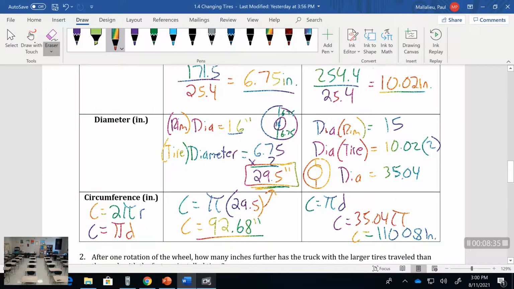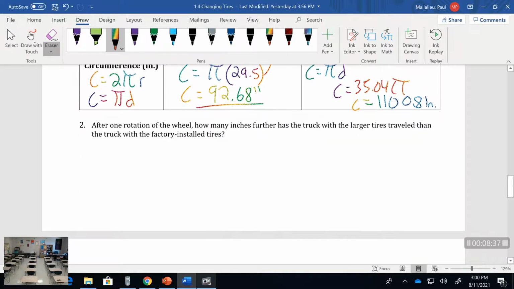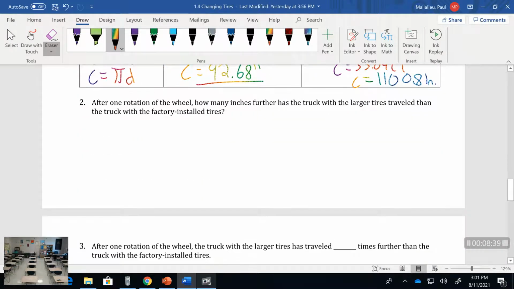All right, so now that we know that information, we can answer the remaining questions. So after one rotation of the wheel, how many inches further has the truck with the larger tires traveled than the truck with the factory installed tires? So the larger tires all the way around would be 110.08 inches is how far one rotation would travel.